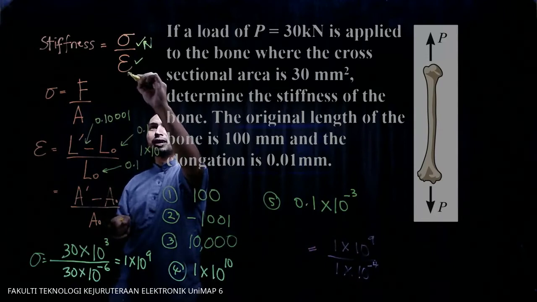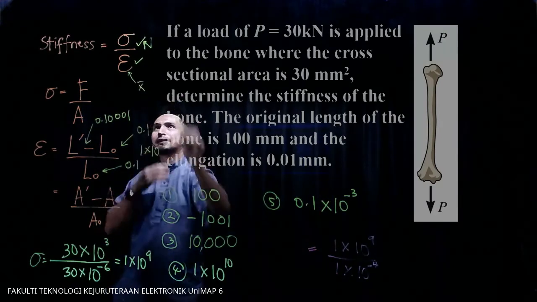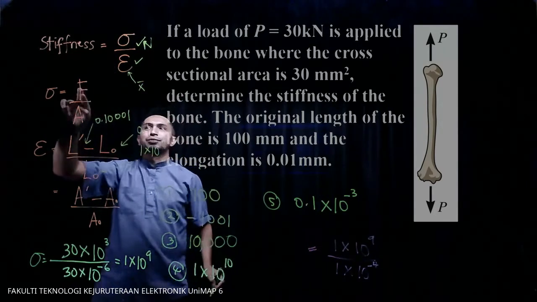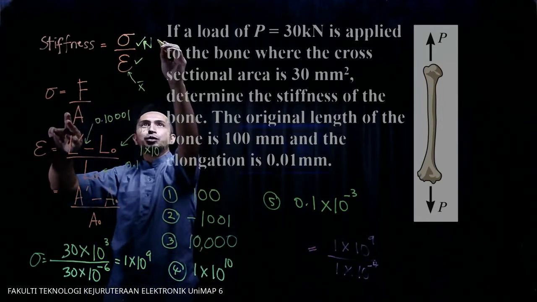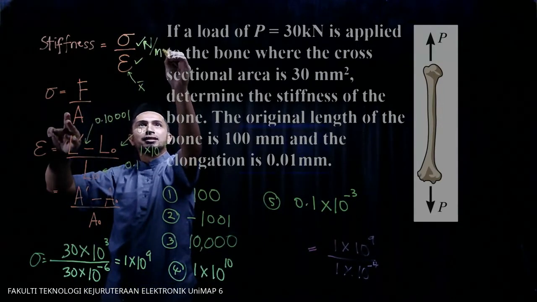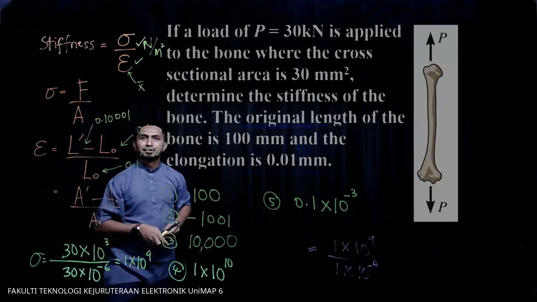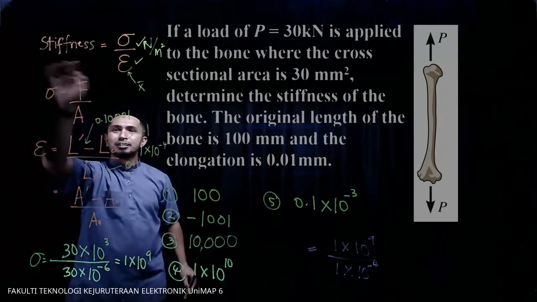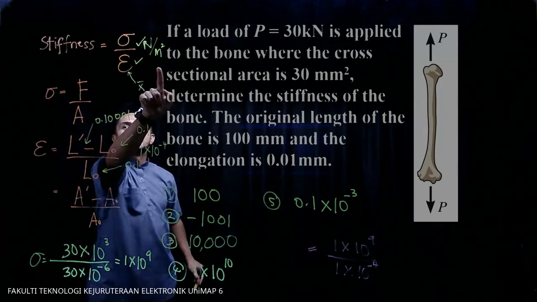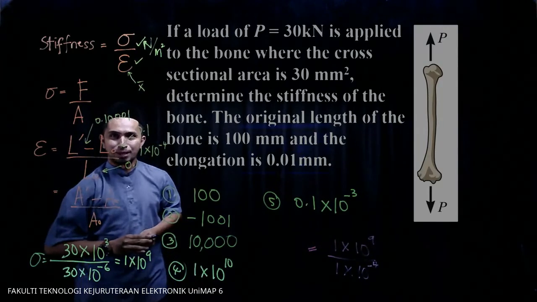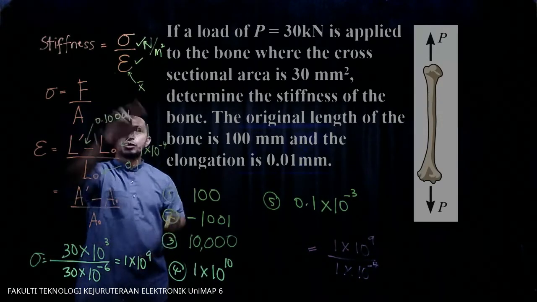Okay. For strain, there is no unit, but for stress, it is force divided by area. So, Newton per meter square. Then, stiffness is equal to Newton per meter square. That is the unit. Faham? Because strain, we don't have the unit.